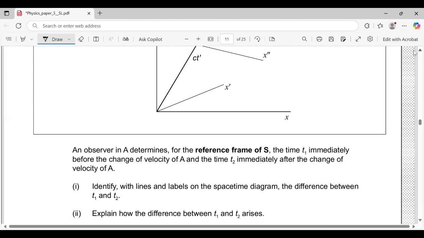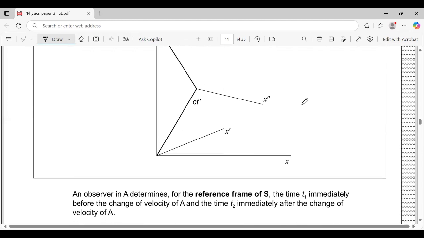Right. So T1 is parallel with the X axis. Okay, it's the T1 line.